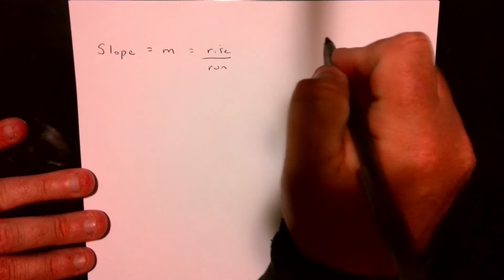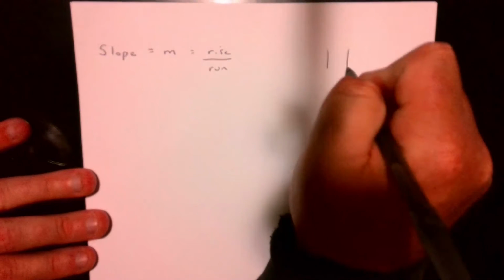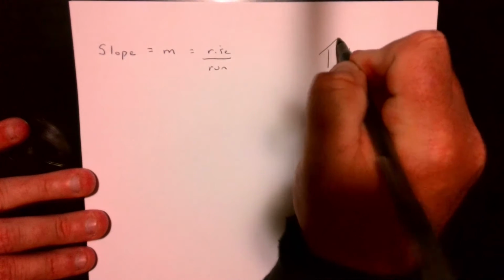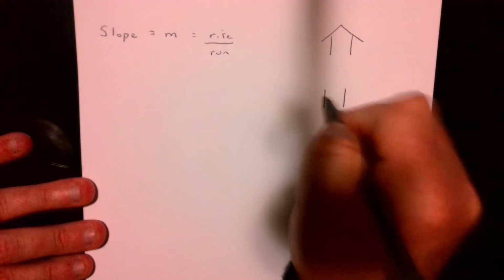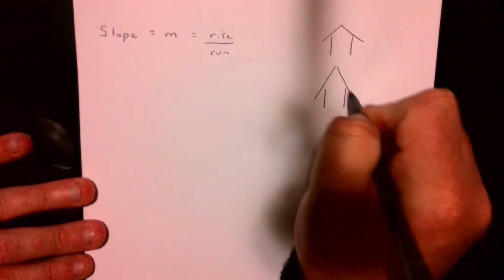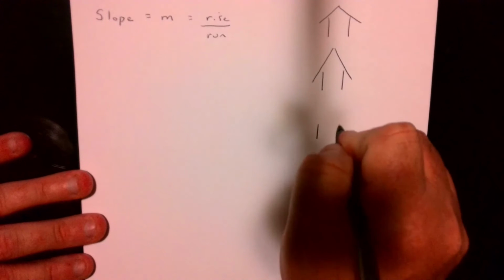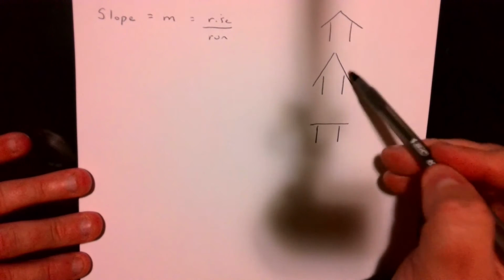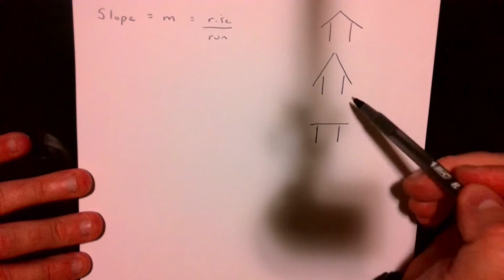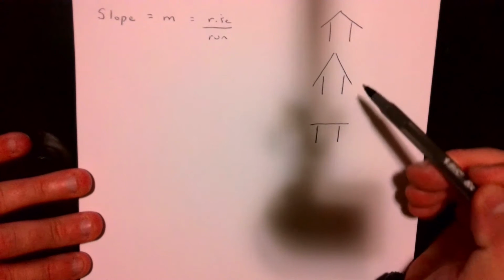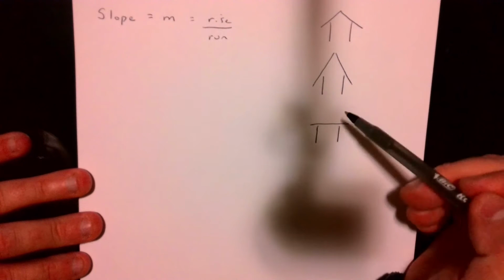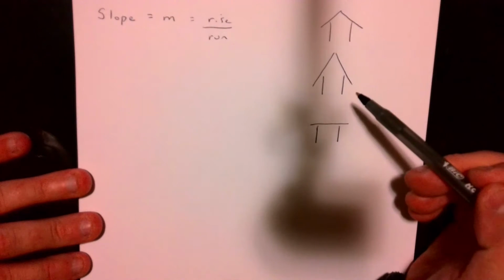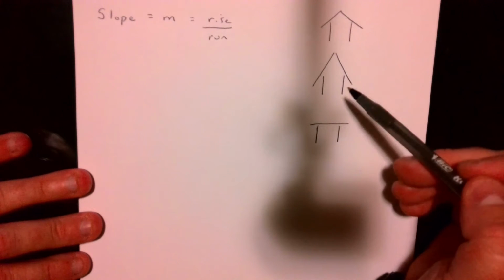So if we have a house here, and we have another house, and we have one like this, and a house like this. One of these houses is in Arizona, one is in Park City, Utah, and one is in Ogden, Utah.